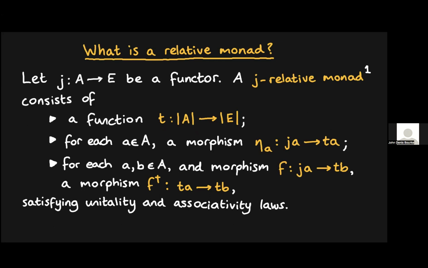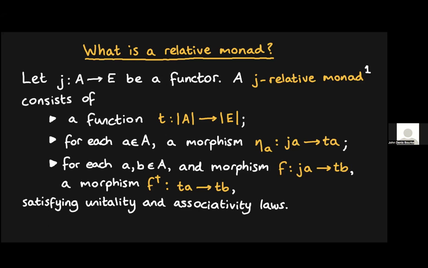Relative monads were introduced fairly recently, in 2010, and they're a variation on the notion of monads. We take a monad, and instead of having the underlying functor be an endofunctor, we generalize it to be any functor. So what we're going to do is fix some functor J, which acts as a kind of identity for the relative monad.